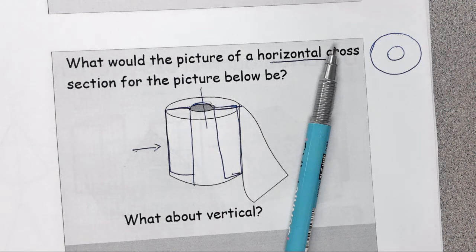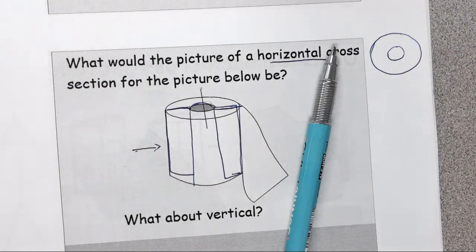Now, if I were to chop vertically, what would you see? I would see a rectangle and a rectangle. I wouldn't see what's inside. So it was like if you were to chop it off and stamp on a piece of paper. What would they intersect? Because remember, it's a plane intersecting. Okay. Do I have any questions about cross sections?